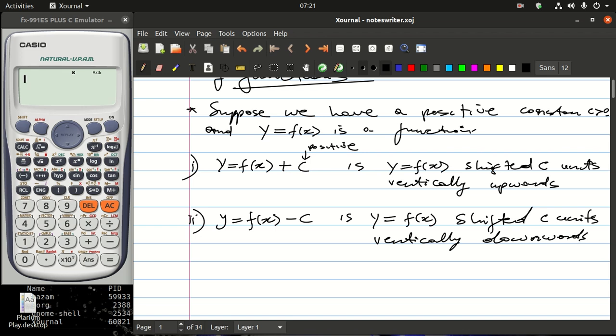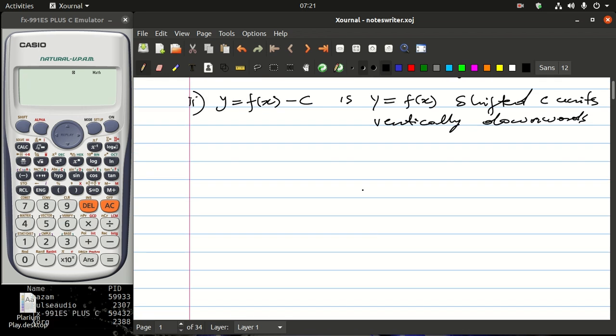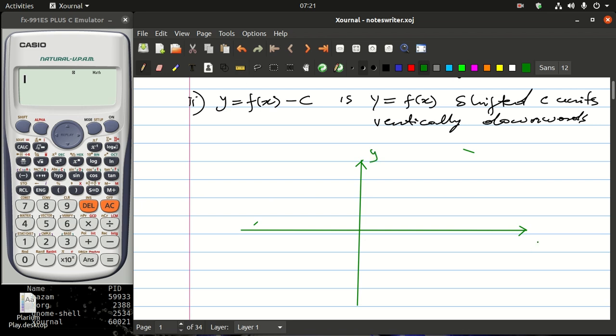Before we proceed, let's take a simple example. Suppose I give you a function of this type. This is going to be y, this is going to be x.